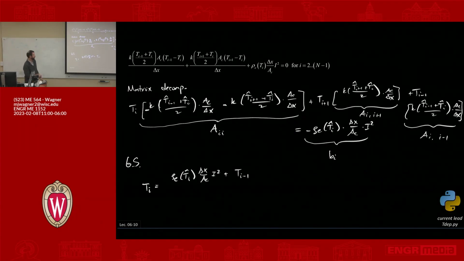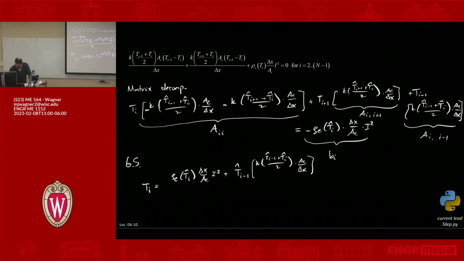So I've already maybe computed temperature at this point, so I could either use the hat, T hat i minus 1, or just Ti minus 1. Let's, for the sake of consistency, do T hat i minus 1. And then we have, that's times our conductivity, which is at T hat i minus 1 plus T hat i over 2 times AC over delta x.